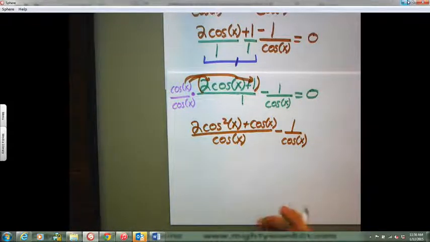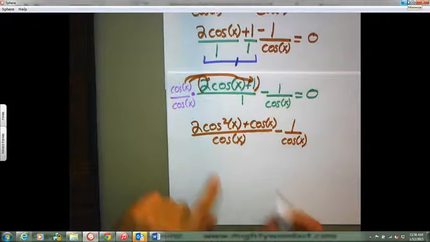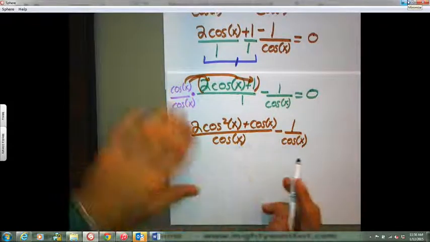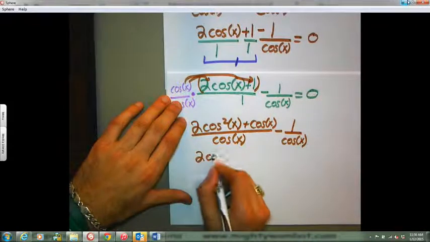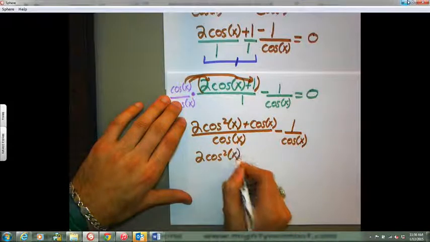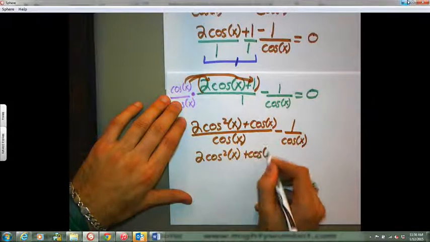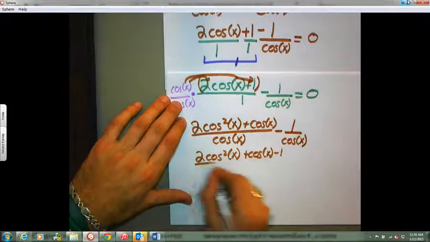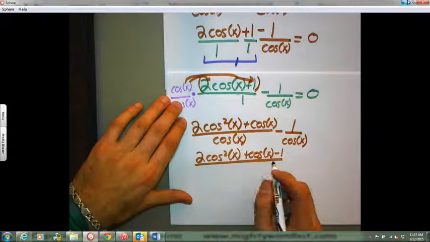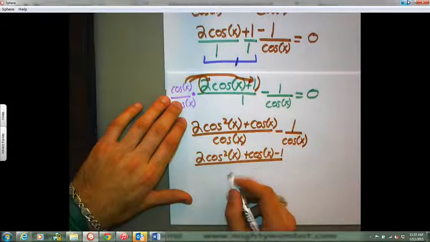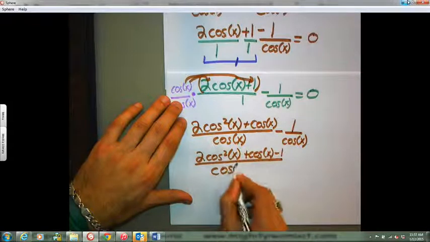And now, same denominator, so just subtract straight across. Over, remember we keep the same denominator.